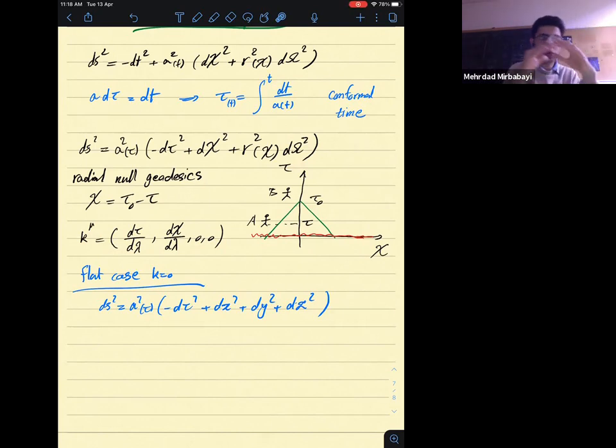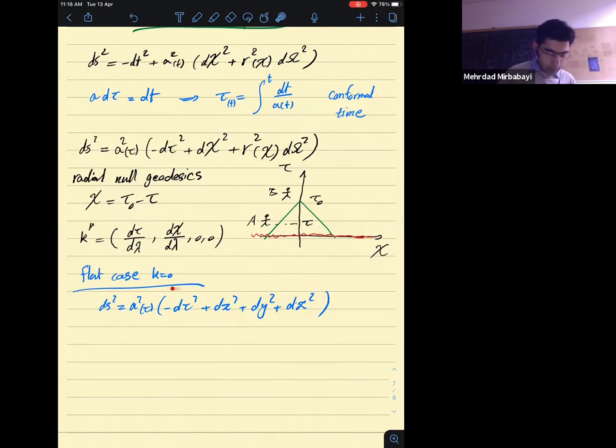There's no point on these 2 spheres that is preferred compared to any other point. So if I choose my photon to point in one particular direction along these 2 spheres, it remains in that same direction. In particular here, if I send it along x, it remains in the x direction.